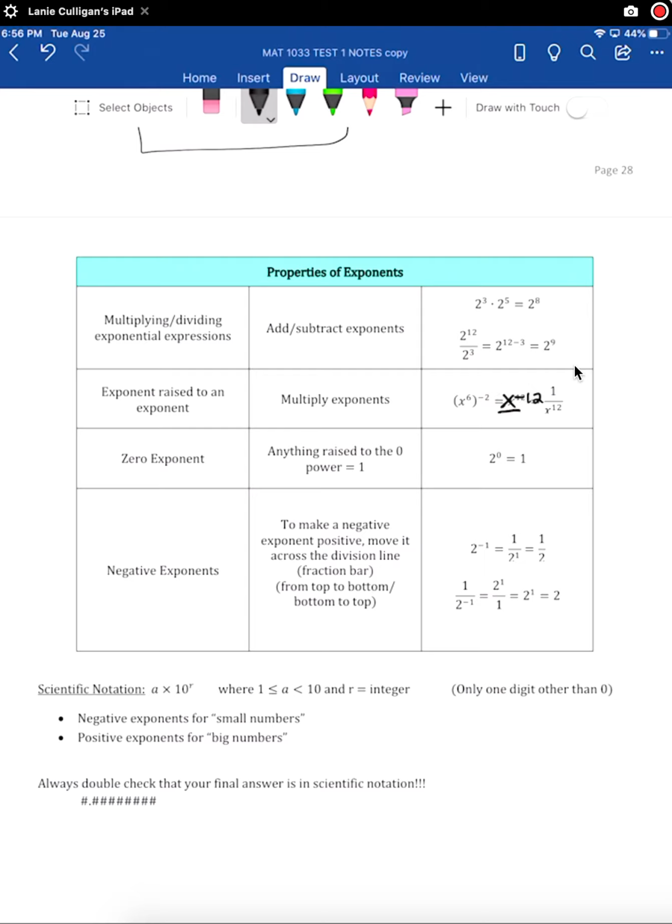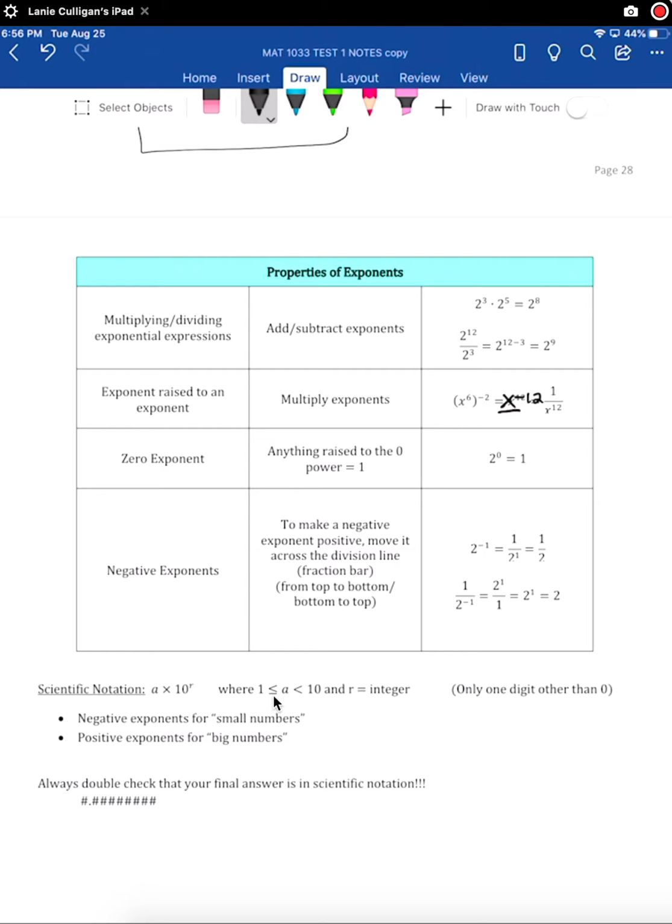So x to the negative 12, so that's what makes it move to the bottom and make it 1 over x to the 12th. 0 exponent, so anything raised to the 0 power is going to be 1. So for example, 2 to the 0 power is 1. And then again, the negative exponents, flip it across the fraction bar.